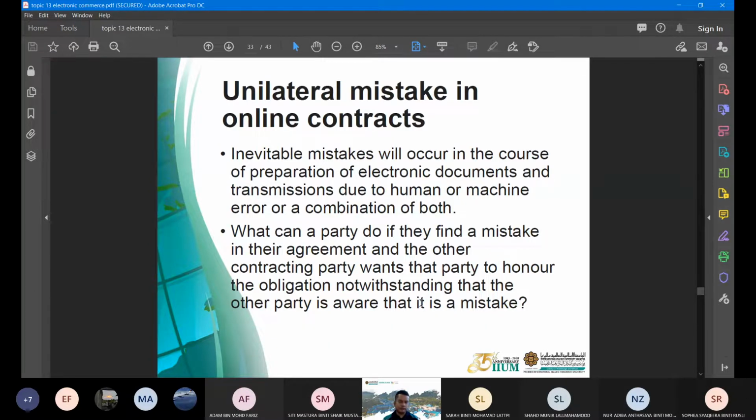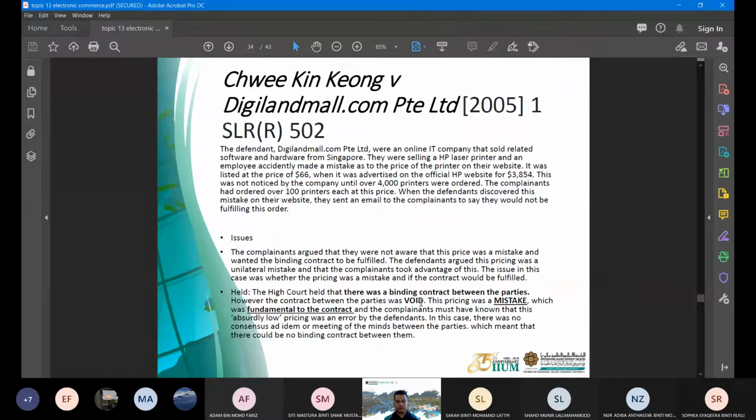So this can also be linked to unilateral mistakes, the issue of unilateral mistakes in online contracts. We have learned about this last time. Unilateral mistake will not invalidate the contract. So in online contracting, the situation is the same.